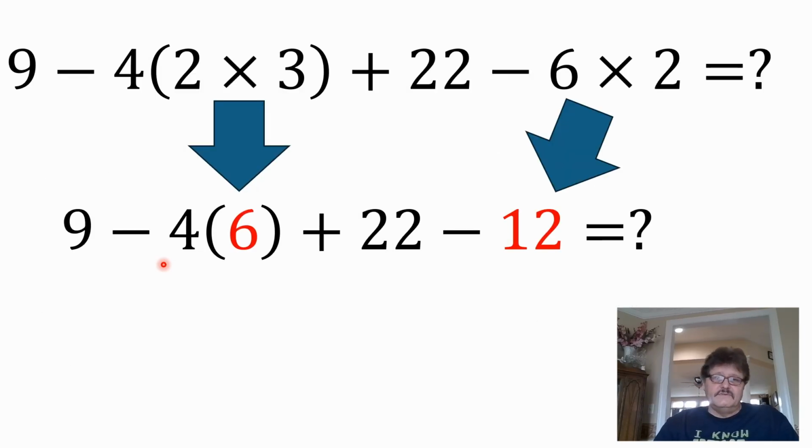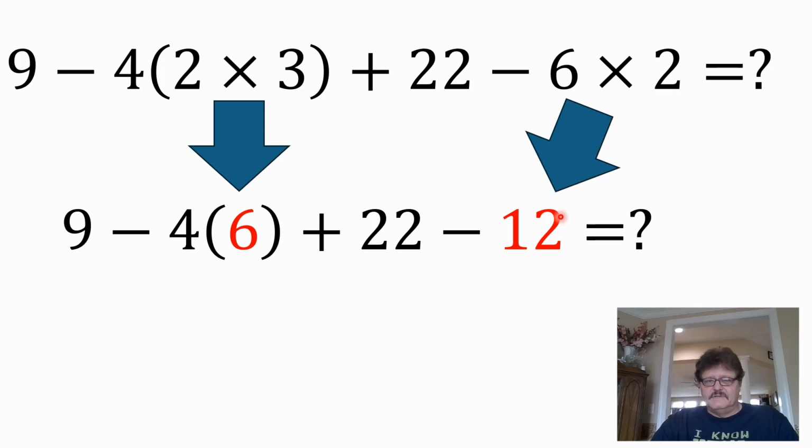So how do we go about doing that? Well, again, we have 9 minus 4 times the quantity 2 times 3, all in parentheses. So we want to take a look at what's inside of these parentheses. 2 times 3 is 6. So basically, we're going to be left with 4 times 6 here. And we can go ahead and do this multiplication here as well. That's a higher priority operation, and we'll talk about that a little bit later too.